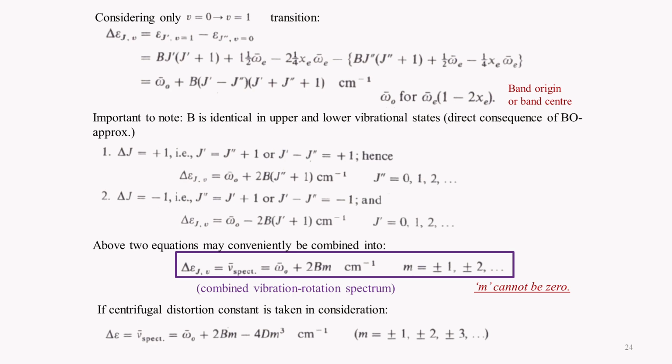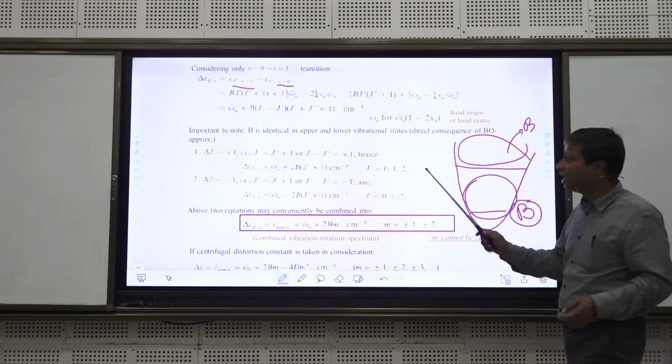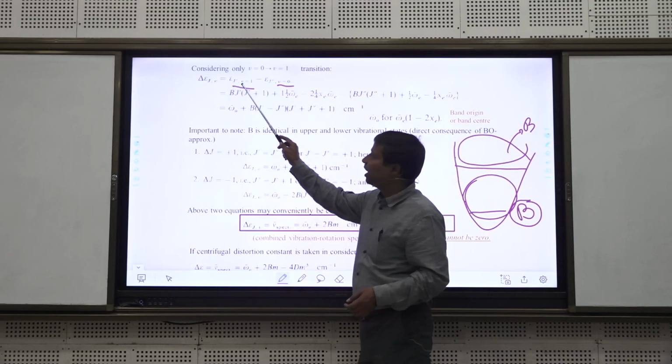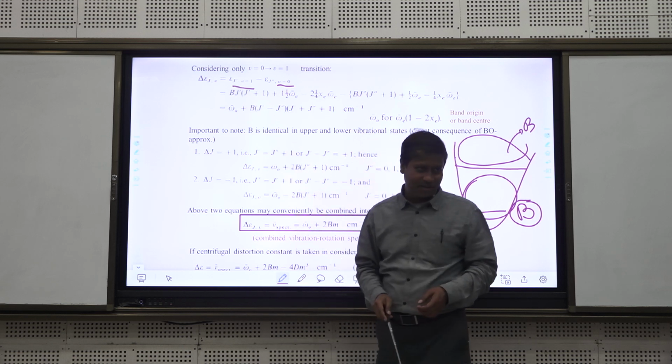For these rotational states, we have taken the same rotational constant B, here also B, here also B. Even if there is an increase in the bond length, that is not changing the B value, which is not possible. So we now have to consider that B changes.